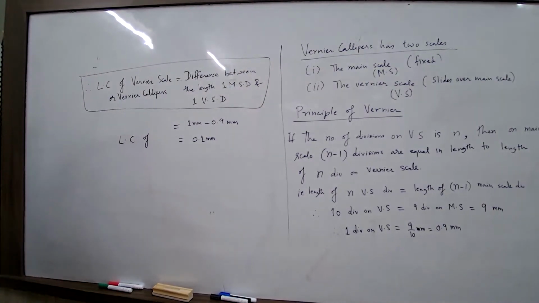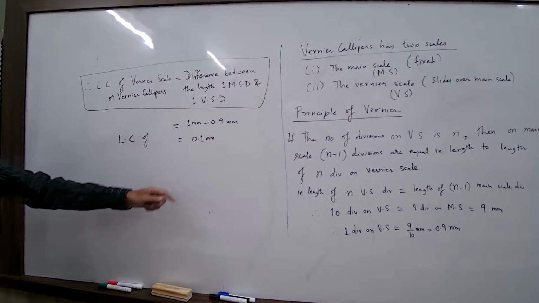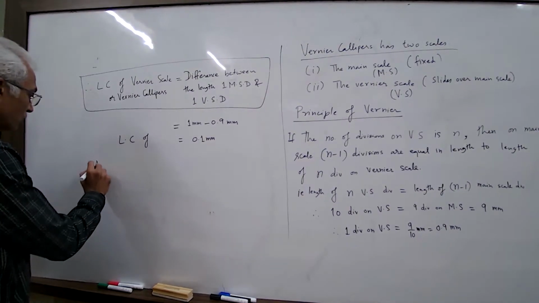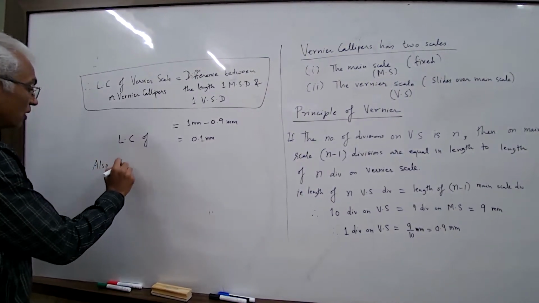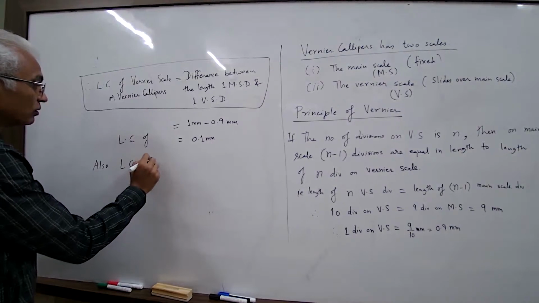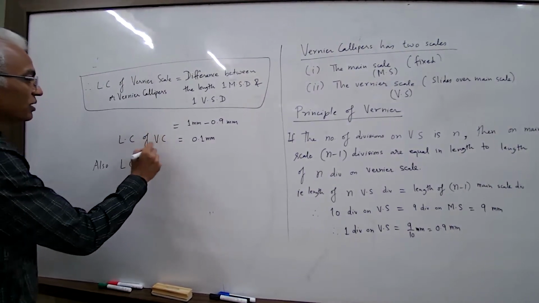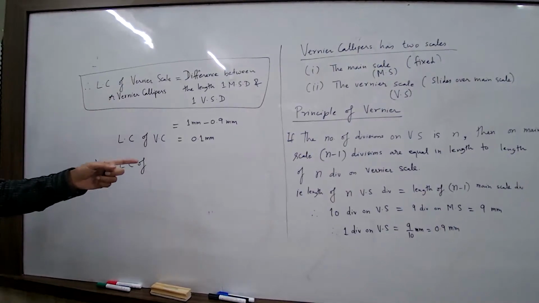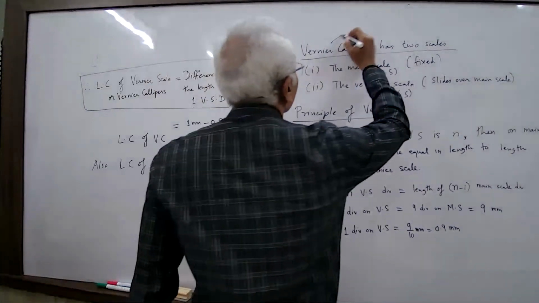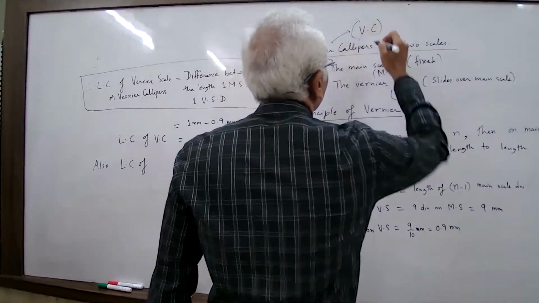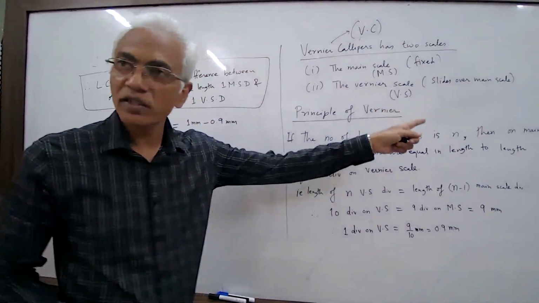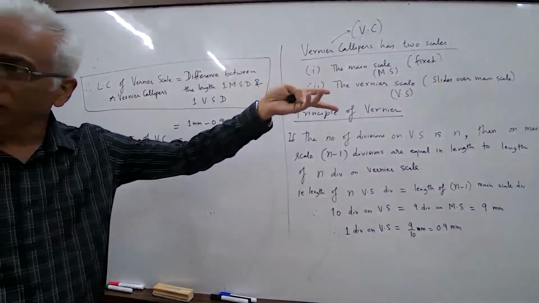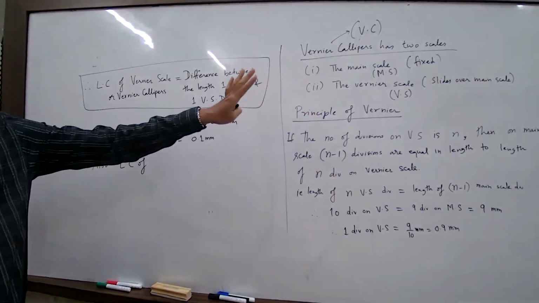So this is the formula for least count of vernier scale. There is another formula. You can get the same answer. Also, least count of vernier calipers. VC means vernier calipers, VS means vernier scale. Whenever we are writing VS, it means vernier scale. So we will use both interchangeably. Okay?